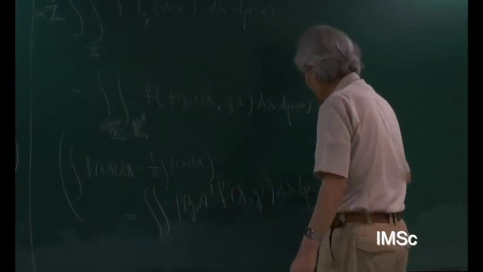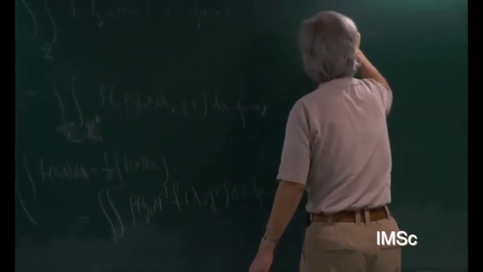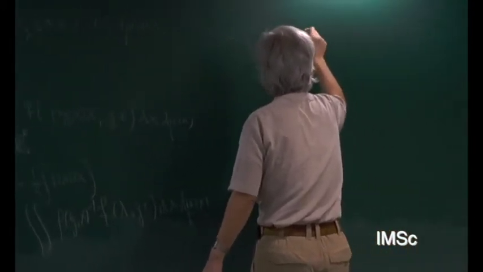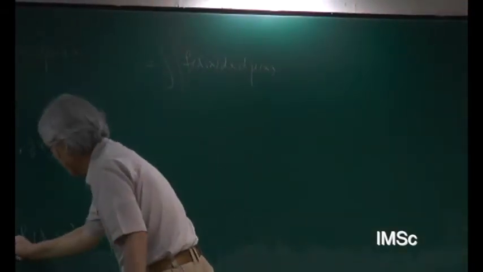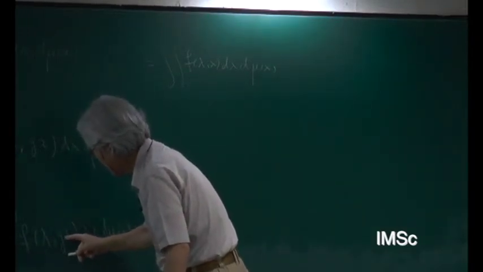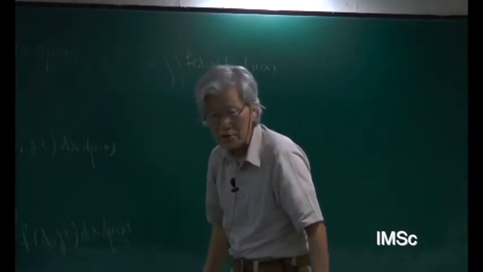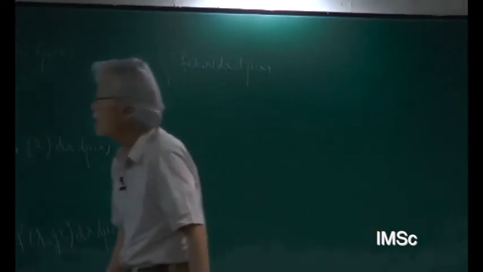And so this cancels nicely: f of lambda x d lambda d mu x. With this one and the Radon derivative of g x, they cancel. The integral of f of g x d mu of x equals rho of g x inverse of f x d mu of x.